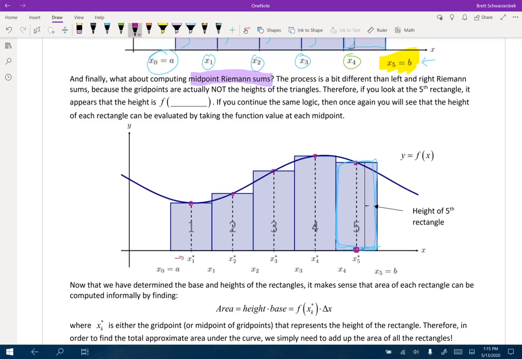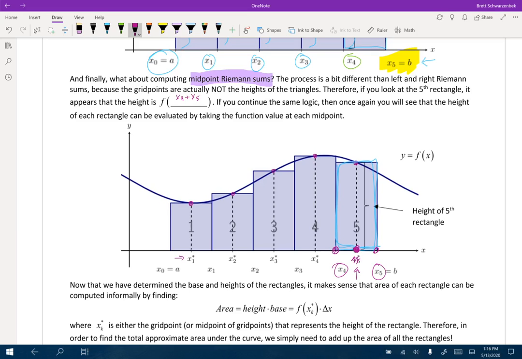The key is that we need to situate ourselves into what those values would be. We know what these are: x4 and x5. So how do we find this point right here? Isn't this halfway between? Wouldn't we take x5 plus x4 and divide by 2? We would. So what are we doing?